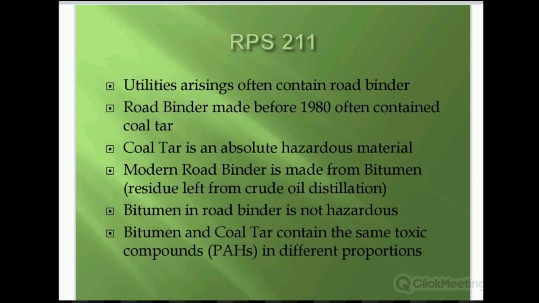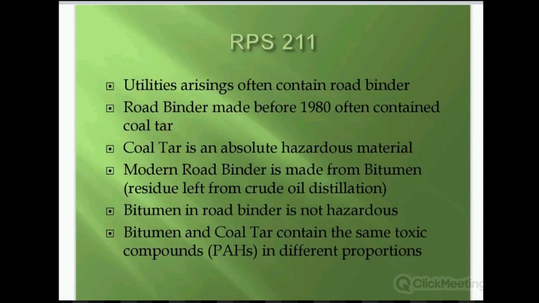And gas plants have been open since about 1775. So there has been an awful lot of coal tar kicking around. 200 years' worth of coal tar kicking around, and someone discovered that it's really quite good to make road binder. The trouble is, coal tar is an absolute hazardous material under WM3. So anything that's got coal tar in is hazardous.